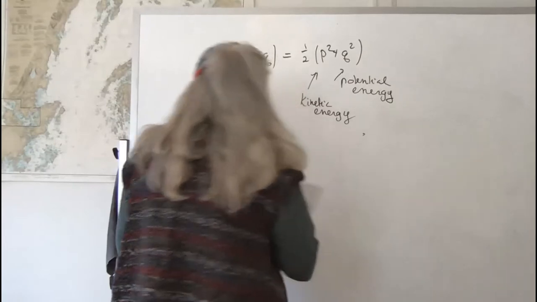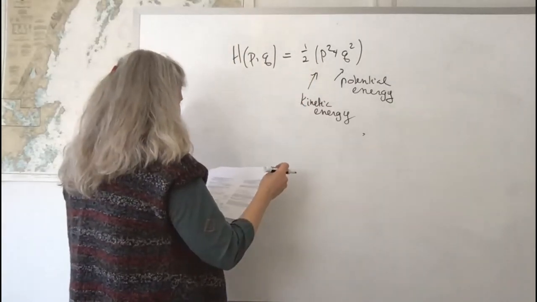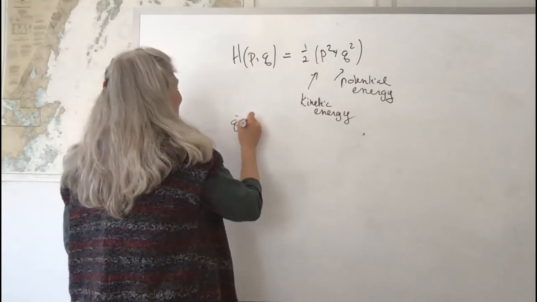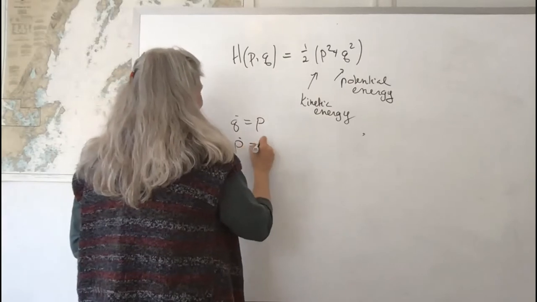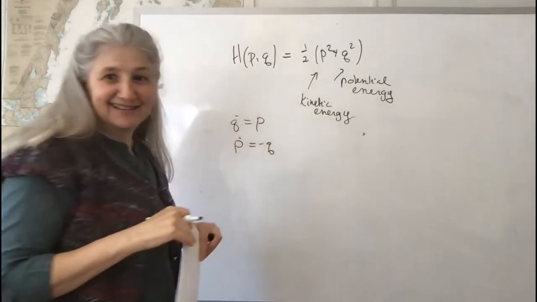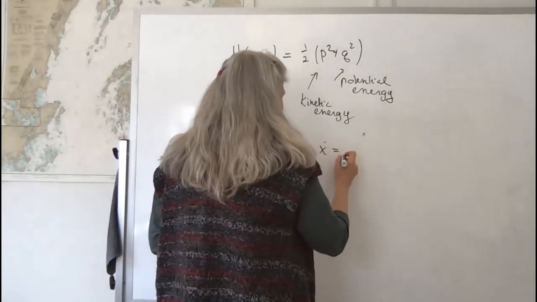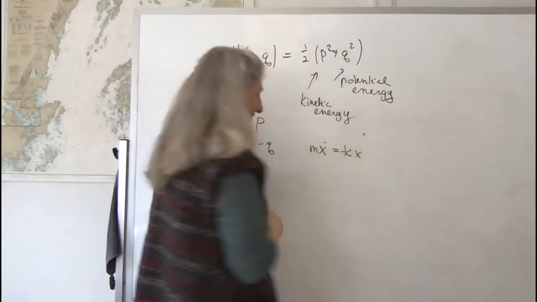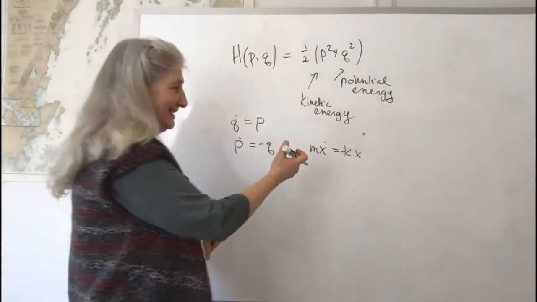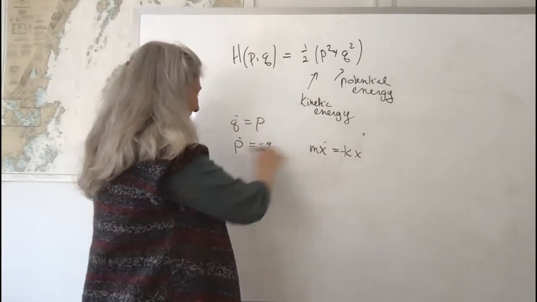This has a nice symmetric equation of motion: q dot is p, which just means the velocity is p, and p dot is minus q. If you have a harmonic oscillator, x double dot is equal to minus kx. With m equals 1 and k equals 1, that's consistent with this, because x double dot is p dot.